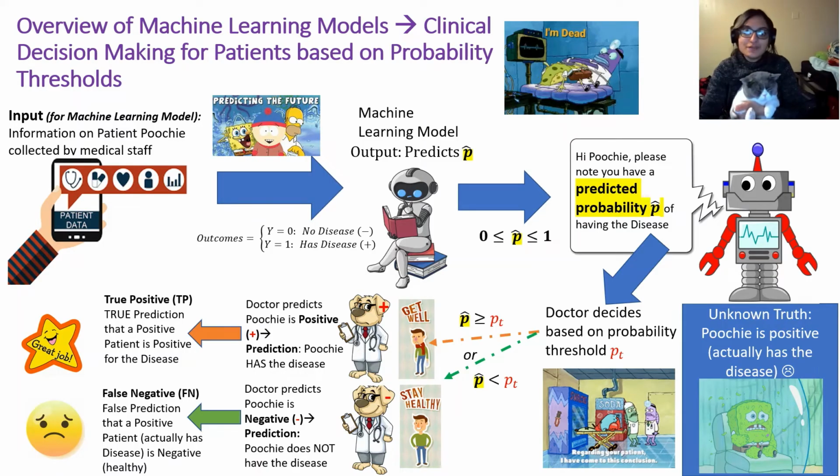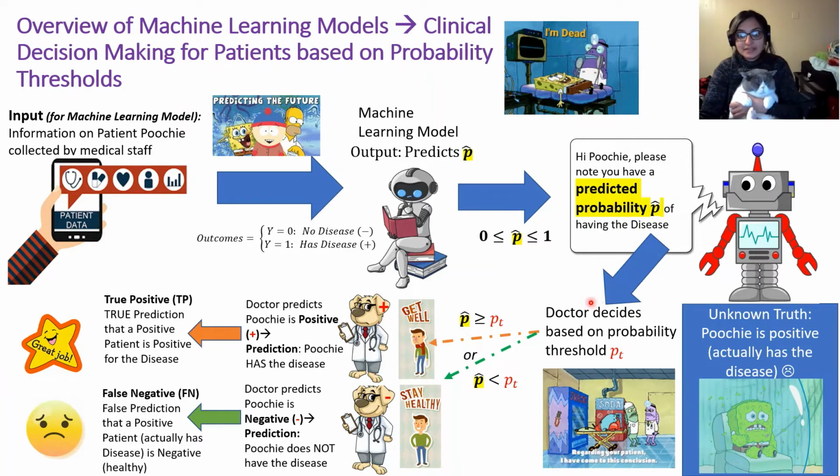So that's an overview of the machine learning models and how we can make clinical decisions based on probability thresholds. Again, we have patient data. We give the patient data to a machine learning model which predicts the probability that an individual like Pucci has a disease.